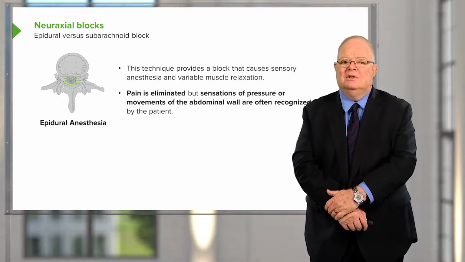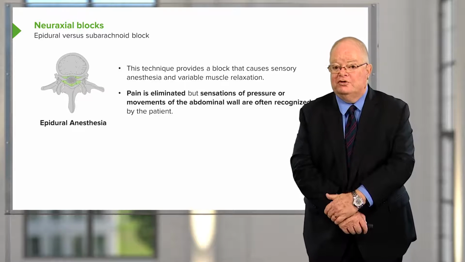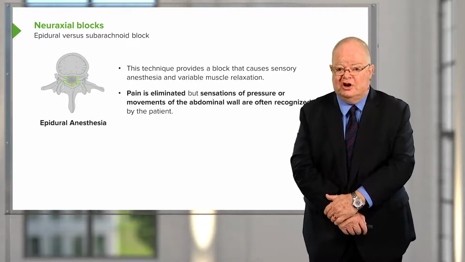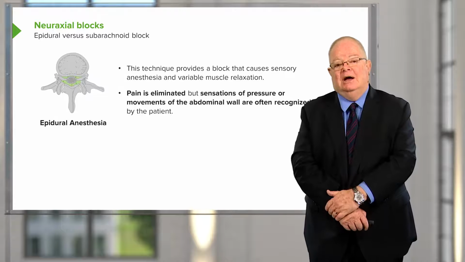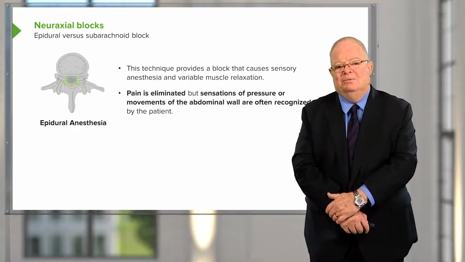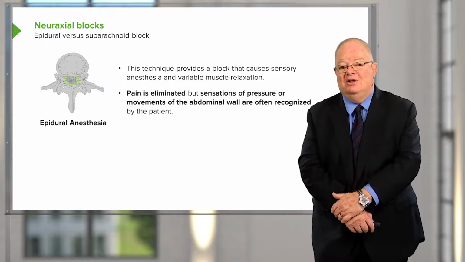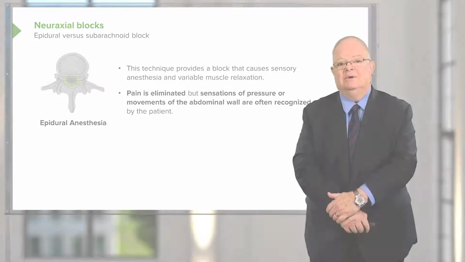So patients with an epidural block will feel pressure when the surgeon pushes on their abdomen, may feel position changes as the surgeon moves back and forth, and may have some sense of work going on. Sometimes patients will actually describe that they can feel the surgeon's hand, but they don't have pain.